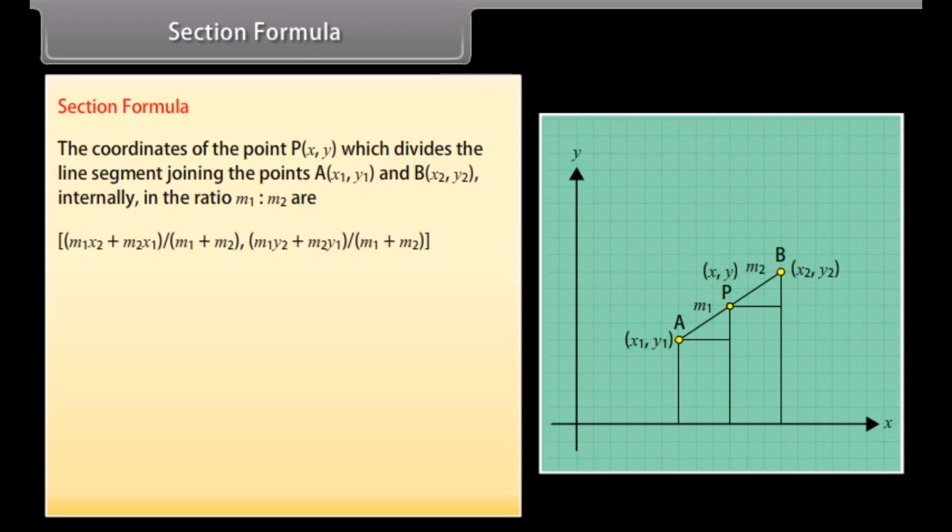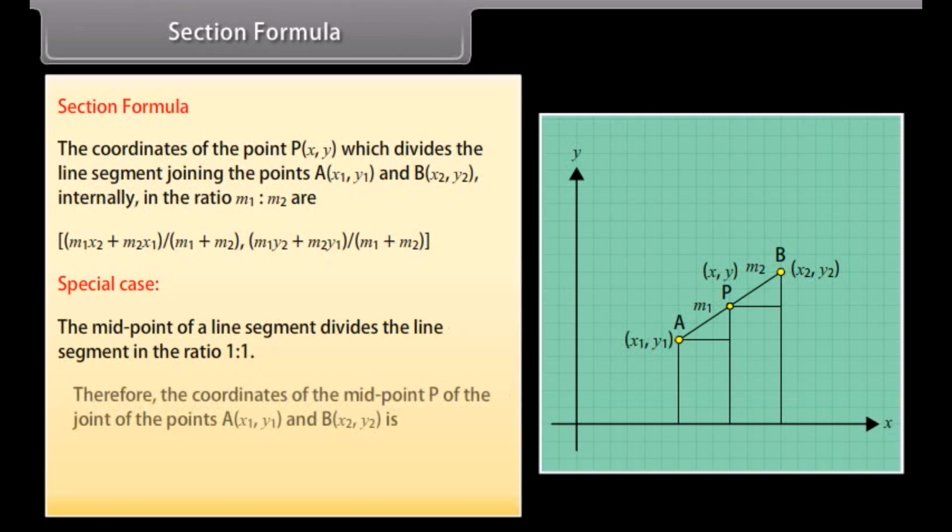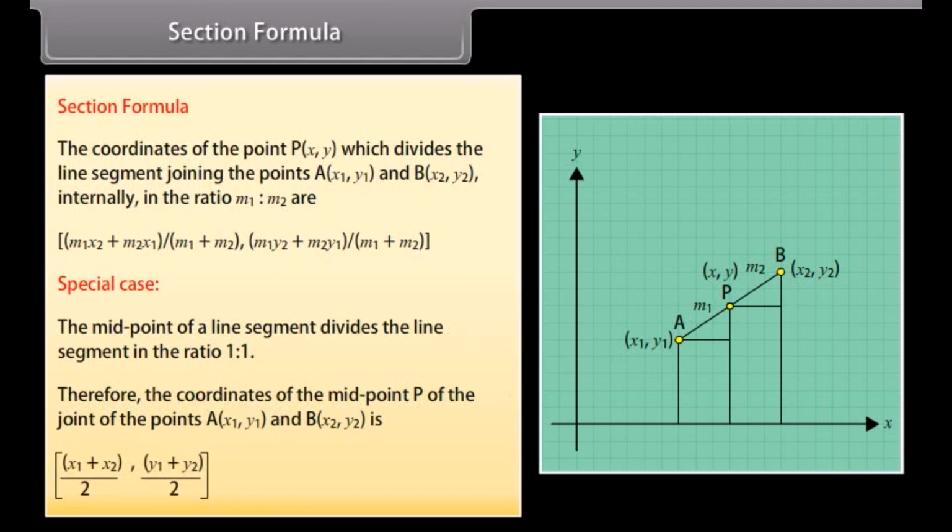Graphical representation is shown in the figure given below. Special case. The midpoint of a line segment divides the line segment in the ratio 1:1. Therefore, the coordinates of the midpoint P of the joint of points A(x1, y1) and B(x2, y2) is (x1 plus x2) by 2, (y1 plus y2) by 2.